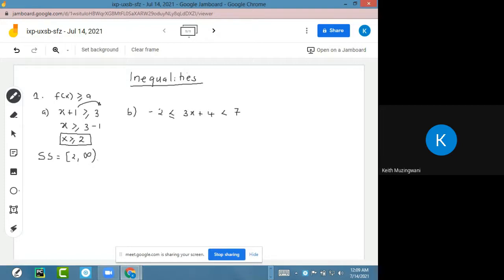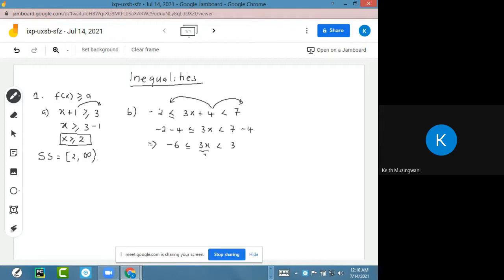If I have such an equation, I can take this number the other side, but if I do so, at the same time, I must take it the other side. Meaning we have negative 2 minus 4 less or equal to 3x less than 7 minus 4, indicating that we have negative 6 less or equal to 3x less than 3.